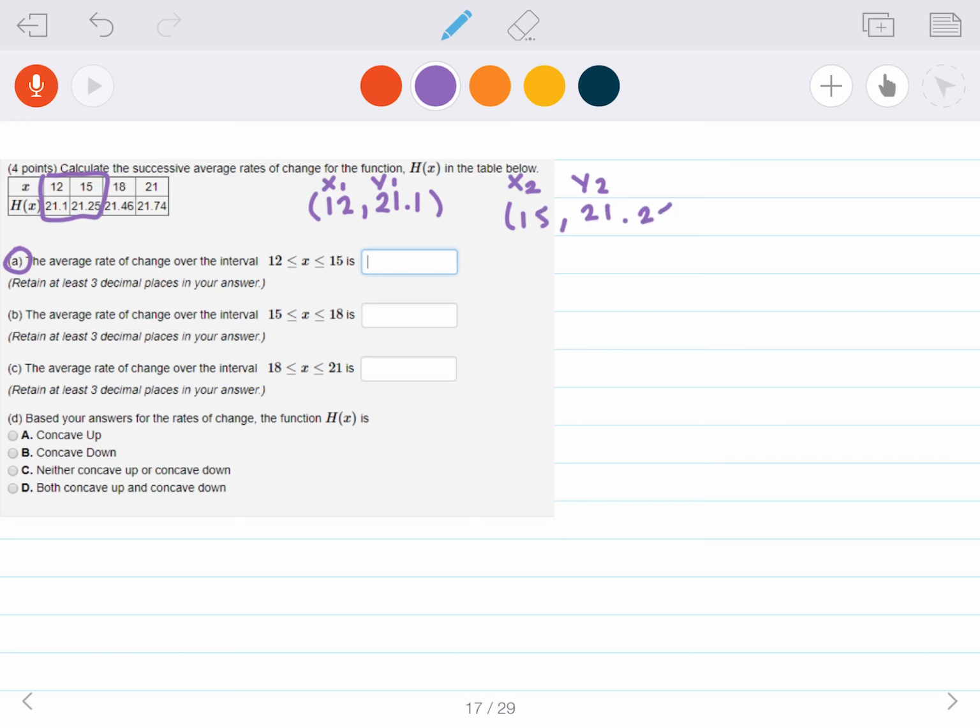All right, so that's where we're interested from x is bigger than 12, less than or equal to 15. So if we use the formula for our slope, or the rate of change, we get y2 minus y1 over x2 minus x1. I'll call this m1 for our first slope. That's going to give us 0.05.